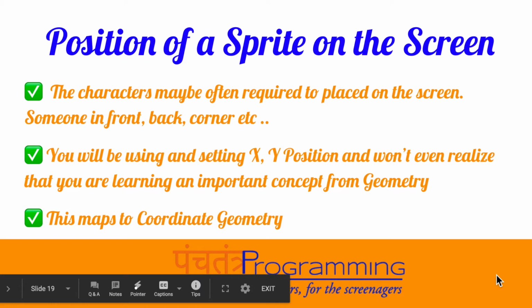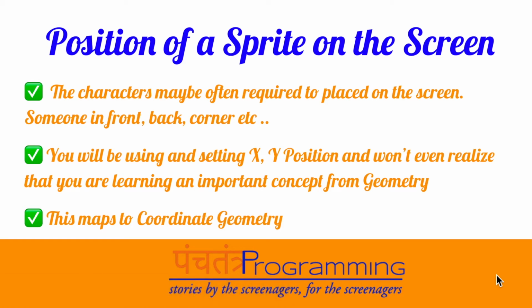For each character, you would be able to set the position statically, that is by moving it and seeing what the position is, and code it up. And as you do this position setting, you won't even realize that you're learning an important concept from geometry. This is called coordinate geometry.